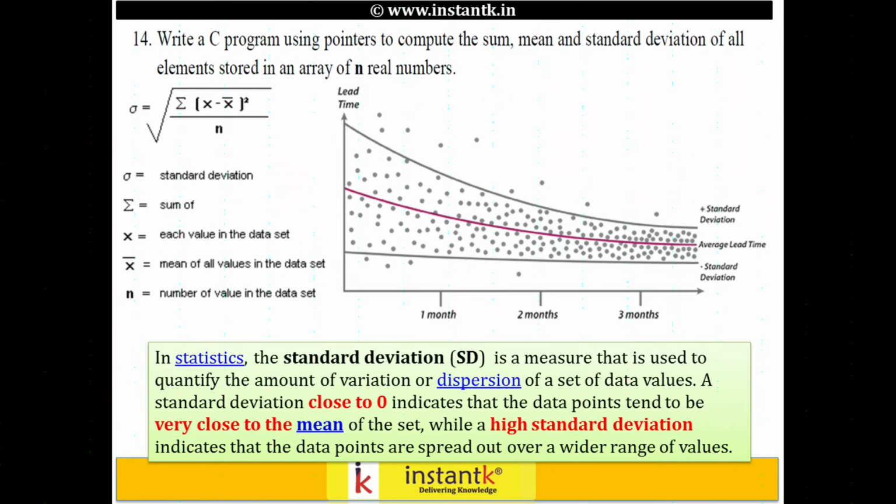Standard deviation is a measure used to quantify the amount of variation or dispersion of a set of data values. A standard deviation close to 0 indicates that data points tend to be very close to the mean, or the average, while a high standard deviation indicates that data points are spread out over a wider range of values.